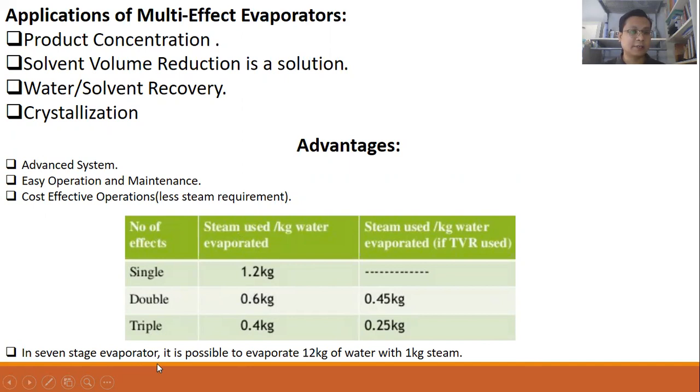In a seven-stage evaporator, it's possible to evaporate 12 kilograms of water with 1 kilogram of steam. So it's more efficient.